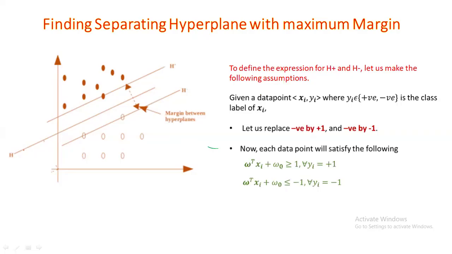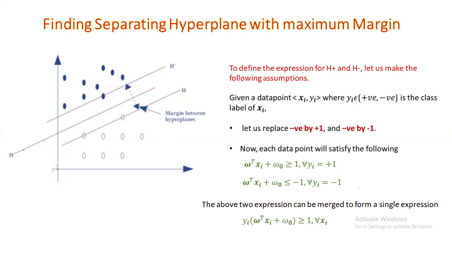So we will write it as w transpose xi plus w naught is greater than or equal to 1 for yi equal to plus 1, and w transpose xi plus w naught is less than or equal to minus 1 for yi equal to minus 1. And if we express these two equations together, we write it as yi times w transpose xi plus w naught is greater than or equal to 1 for all xi.